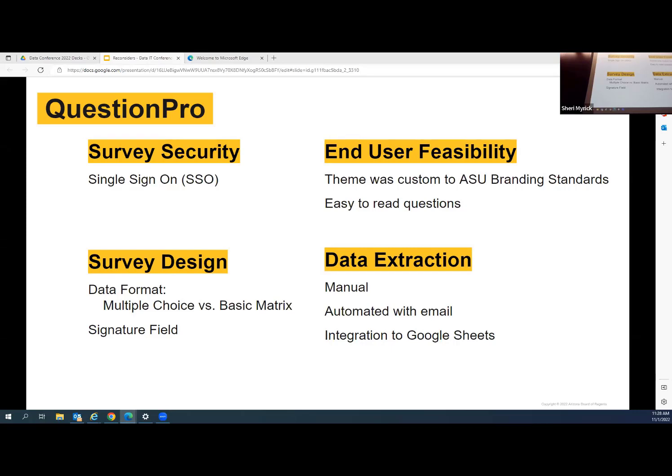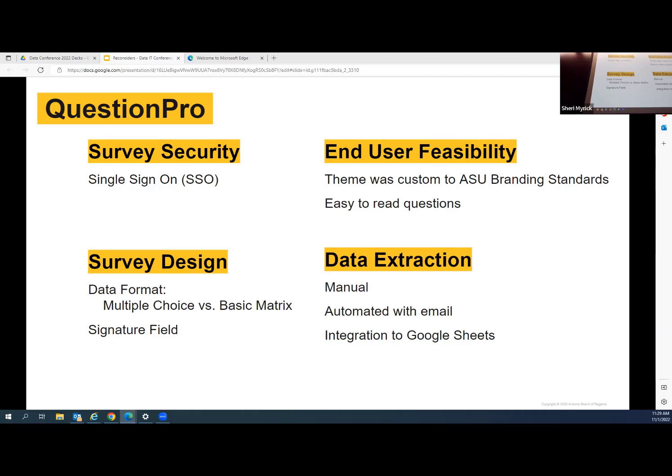Some have drop downs, and some are just spreadsheets. We actually tested each one of them to see how the data would output. The multiple choice one, the way it was parsing out the data, made more work for Jeff at the next step. So we didn't go that way, but we went with the basic matrix view.